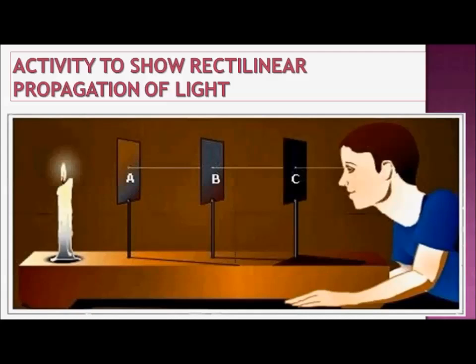Clear? Now, mount each cardboard upright on the table, that is straight. All the 3 cardboards mount upright on the table. Now, take a candle with the wick at about the same height as the hole.